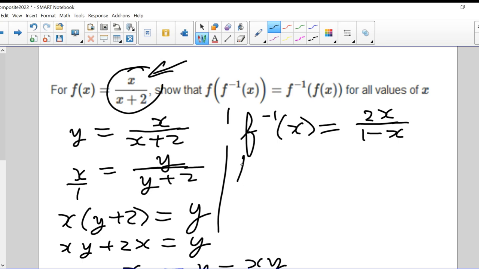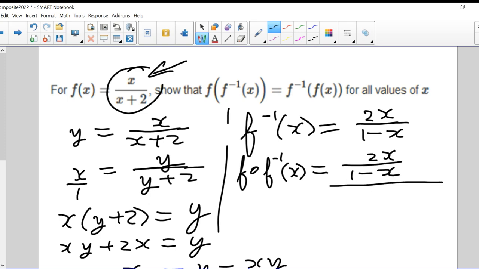So here it comes: f of f to the minus 1 of x is equal to, anywhere I see x, I'm going to put 2x over 1 minus x. So that is 2x over 1 minus x, over 2x over 1 minus x, plus 2.